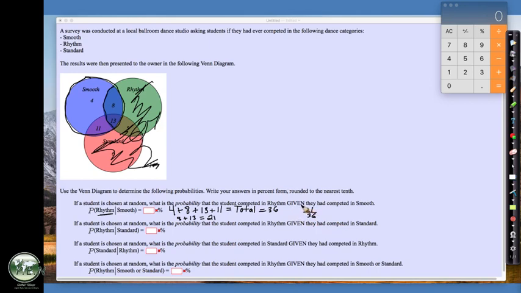And we're supposed to give our answers rounded to the nearest tenth and in percent form. So we can just go to the calculator and take 21 divided by 36. Don't have to reduce it first. We get this decimal, multiply it by 100.